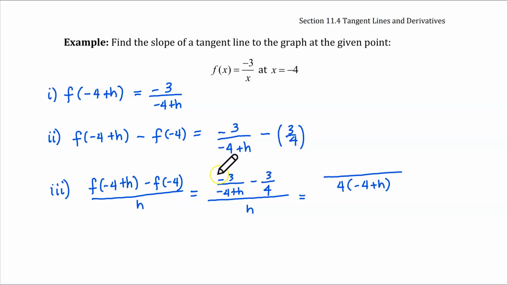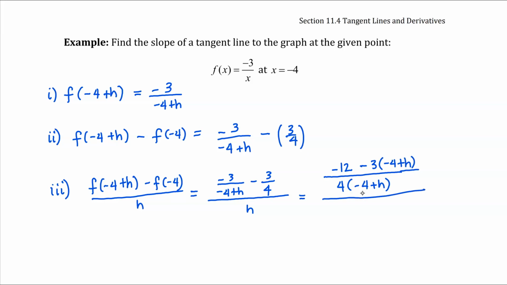Then you multiply that to the numerator here. So 4 times -3 is -12. Minus, and then you look at this, divided by 4 is this expression here. So you have -3 times -4 plus h.